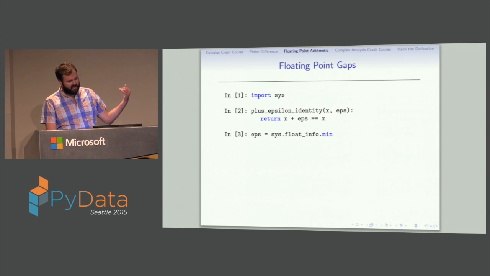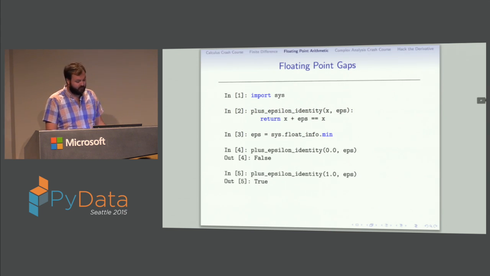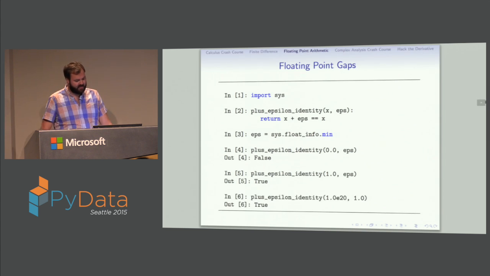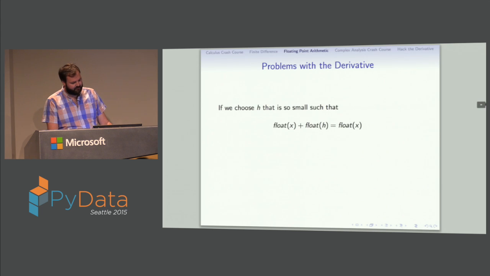So if we set it equal to this smallest float that we have in Python, or really in any floating point implementation, if we're at 0 and we add that to it, we do go somewhere. It's not the same thing. However, if we're at 1 and we try and add that to it, we're not going anywhere. And if we get to some really big numbers, we can add a whole integer, like 1, to it, and we really don't go anywhere. So the gaps really do get quite big, and this can lead to some problems.